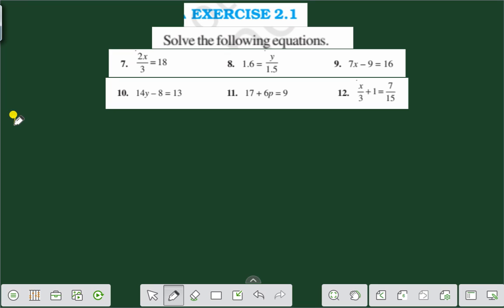Question number 7 is 2x by 3 is equal to 18.